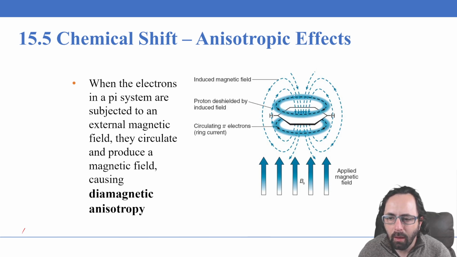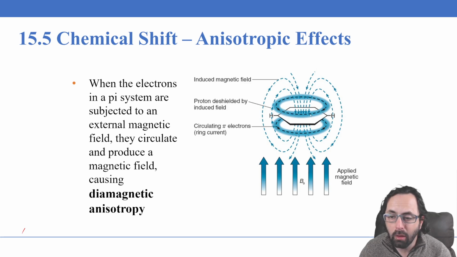So the pi electrons can circulate throughout this entire ring, and when they're moving about in this fashion, they produce a magnetic field that is perpendicular to the movement of the electrons. This field will either go in line with the external magnetic field on the outside of the ring or opposed to the external magnetic field on the interior of the ring.